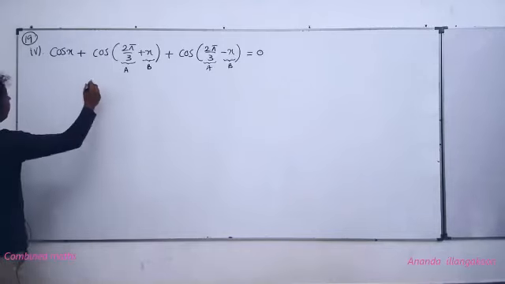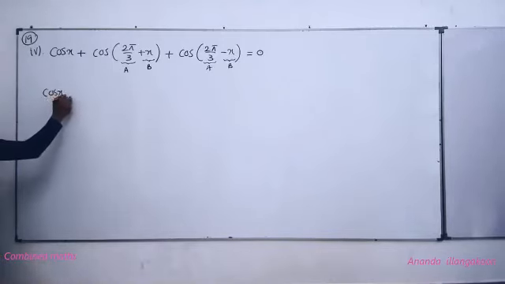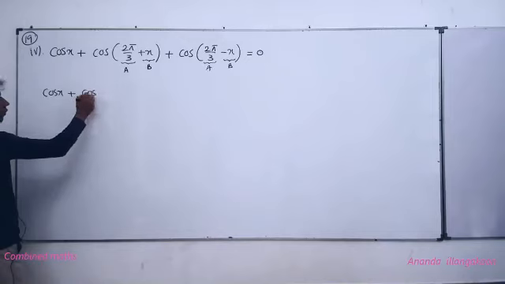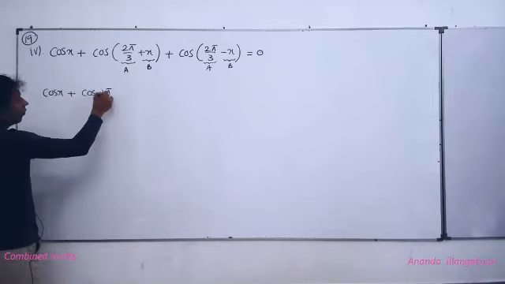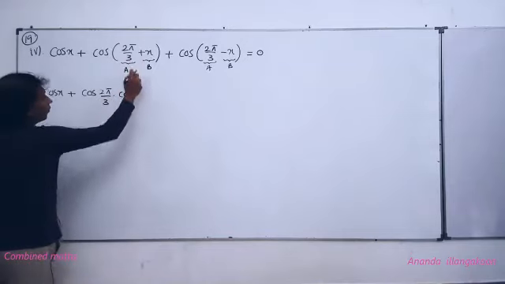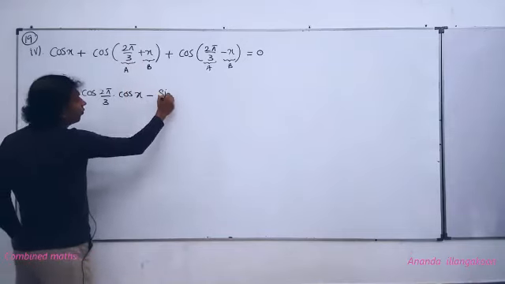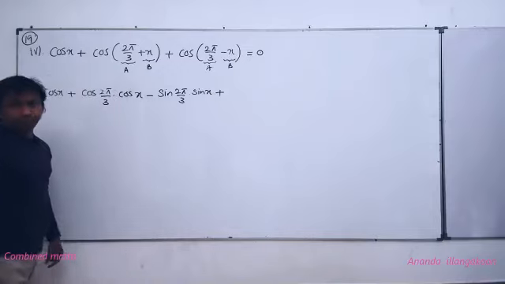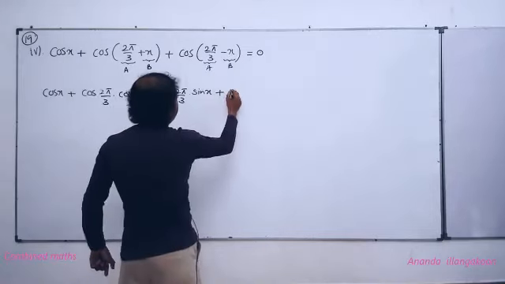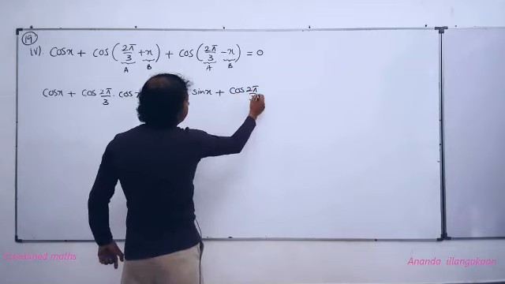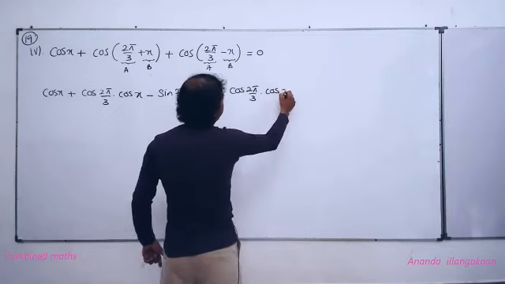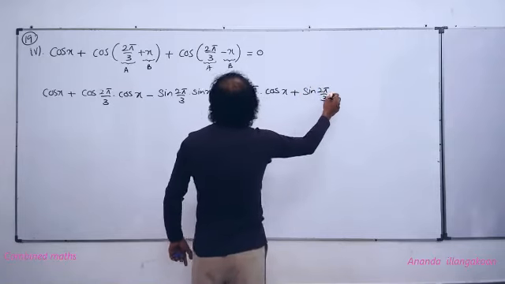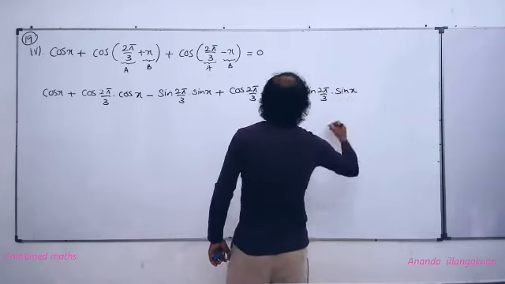Right. Now here, people, we expand this cos(A + B) formula: cos A cos B minus sin A sin B. And here, cos A cos B plus sin A sin B, the opposite sign only coming.